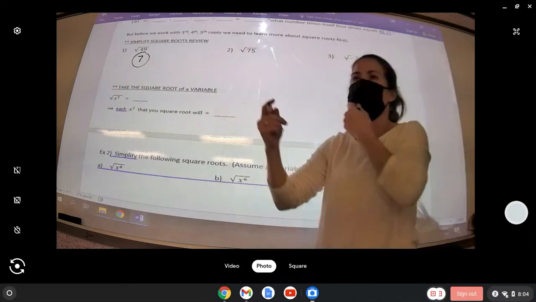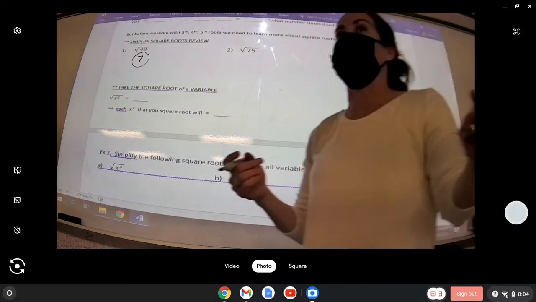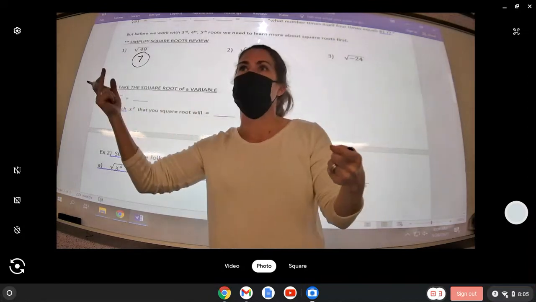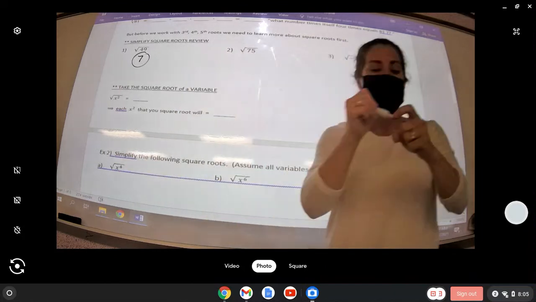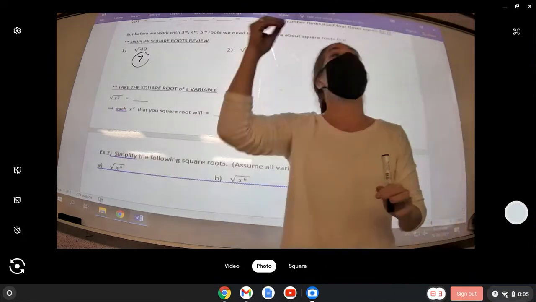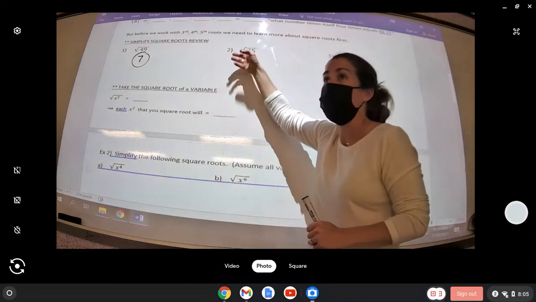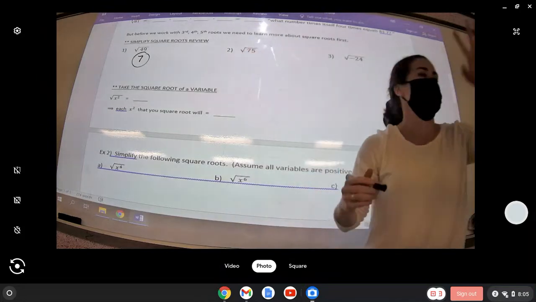All right, what about 75? Can you think of a number that you can times by itself 2 times to equal 75? Well, 8 squared is 64, and 9 squared is 81. We went past the 75, which means it's not a perfect square. But guys, we've been doing this for a while now. We simplify square roots, right? Does anybody know the biggest perfect square, the biggest number you can take a square root of that divides evenly into 75? 25.